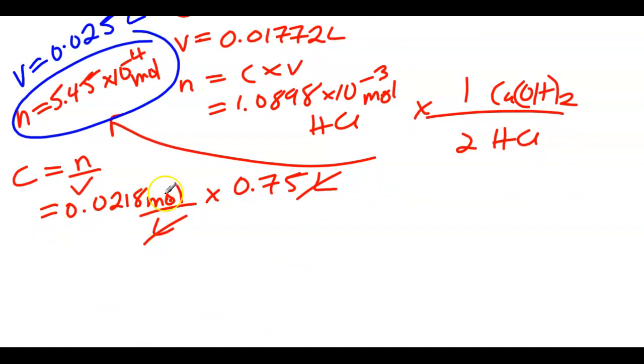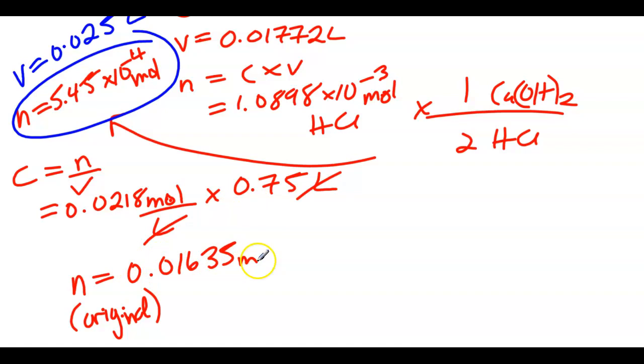If I have the concentration by using that 25 mil number, I can get the mole value for the original, the actual one that I can compare for the mass. So we're just calculating this out, which would then give us 0.01635 moles. That's the one in the original one. So now we can find the mass.